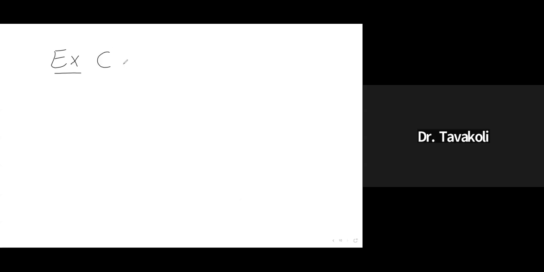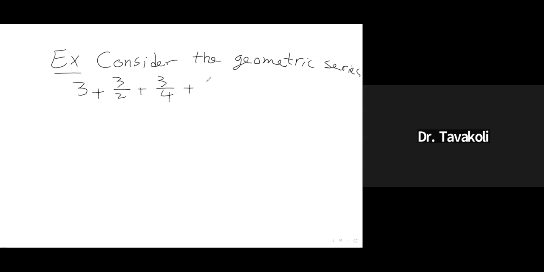So consider this geometric series: 3 plus 3/2 plus 3/4 plus 3/8 plus dot dot dot. It is geometric. There is a common ratio. And what is that common ratio here? Obviously, it is 1/2.